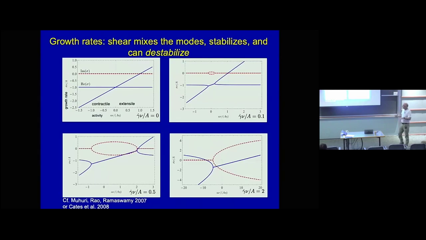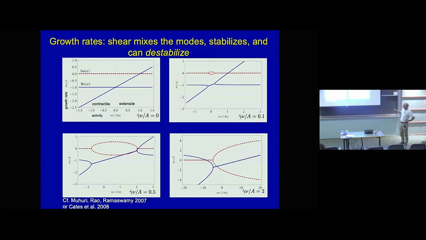sigma. So in these figures, I've gone back to the case where the plates are very far apart, and there's no Q dependence, no wave vector dependence. In the case where there's zero external shear, what's on the x-axis? The x-axis is the dimensionless activity, extensile to the right, contractile to the left.